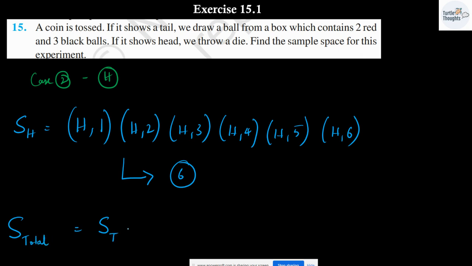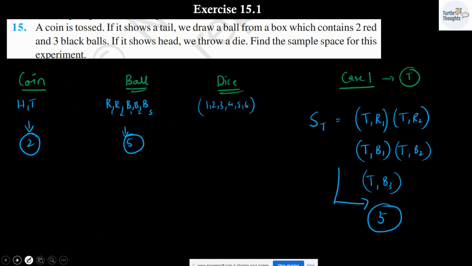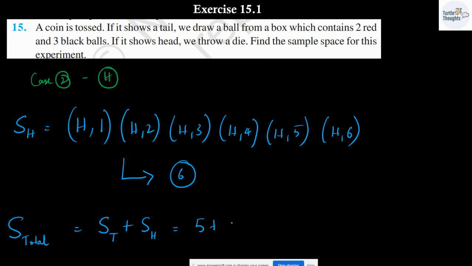Sample space when you toss a coin and you get a head, and when you toss a coin and you get a tail. So here we have got this as 5 plus 6. Total sample space is going to be 11. This is your question number 15.